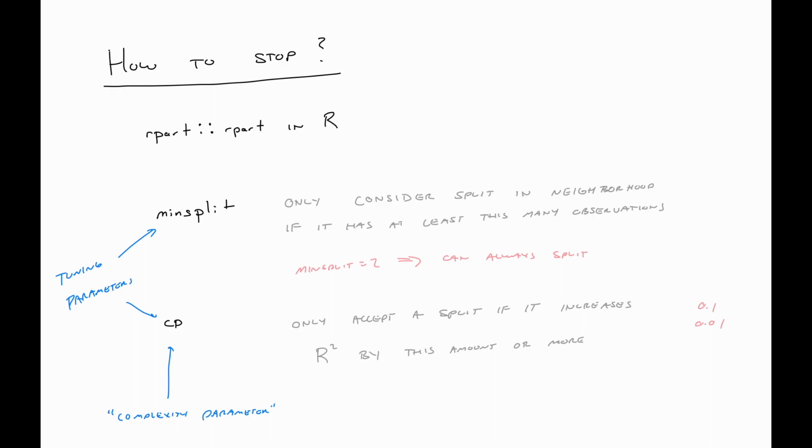Basically, with minsplit, you're allowed to split. So now you've found the best split in that region. Do you accept it, or do you have to stop instead? You only accept it if the split increases that r squared value by CP or more. So thinking about the extremes again, if you set CP equal to 0, then any split you come up with will be accepted.